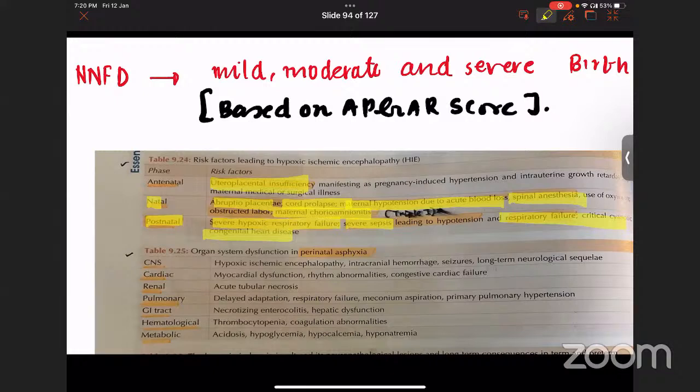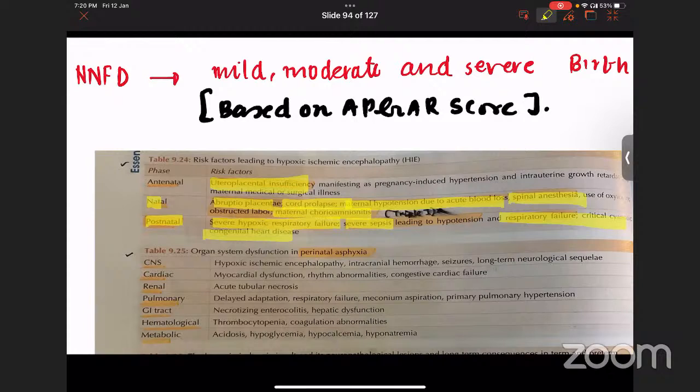All the critical congenital cyanotic heart diseases, mainly obstructive TAPVC, TGA with intact IVS, what is IVS, intraventricular septum, and then pulmonary atresia with intact IVS. These are the conditions which will present at birth. Most commonly, critical heart disease will present at birth.